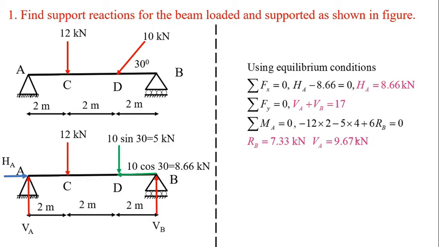So, let us start the problems. First problem is for simply supported beam, find support reactions for the beam loaded and supported as shown in figure. So, this figure shows a simply supported beam.